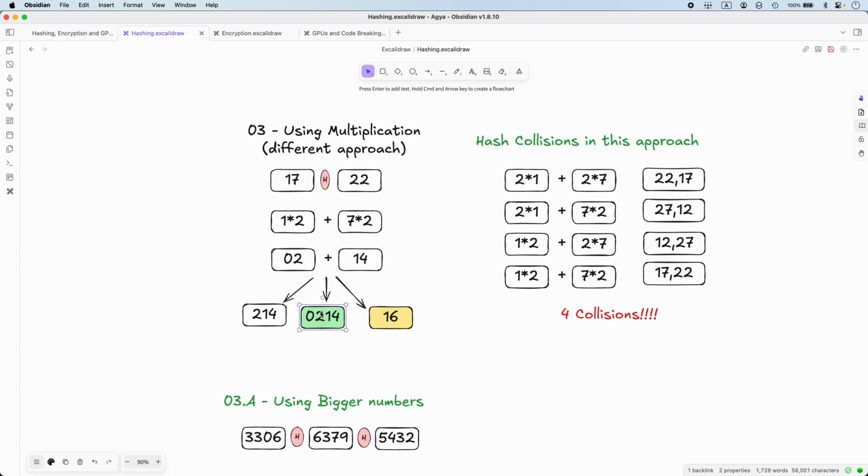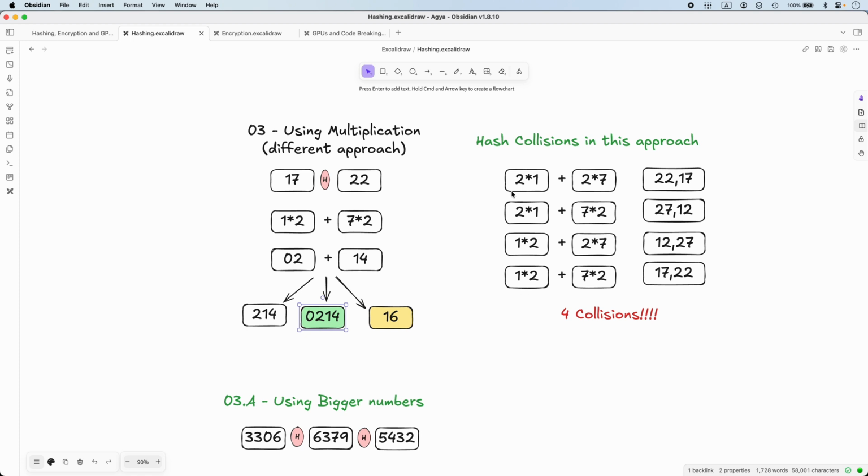If you know that this is the way it was produced, and I've got 4 digits over here, probably there were 2 numbers and they were both 2 digits. So someone with that information will take 02 and try to decompose it. There are 2 ways of decomposing 2. Either the first number is 1 and the second is 2, or the first number is 2 and the second is 1.